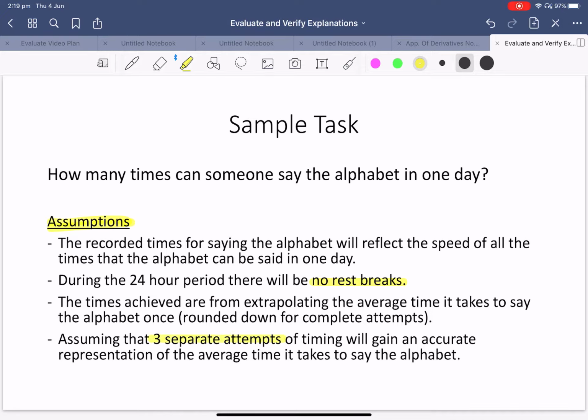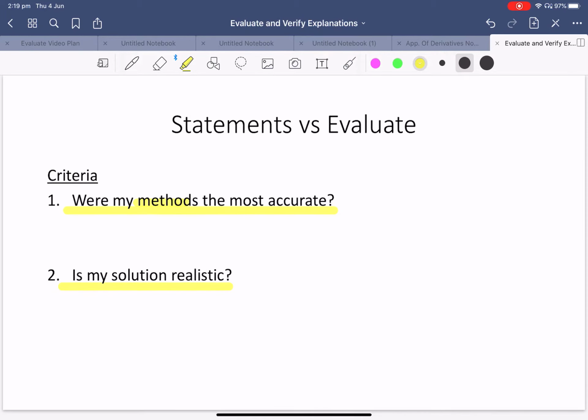Well, looking at it, if we go and average across 3 separate attempts, I would question that that's not necessarily accurate. So I've also now actually looked at the accuracy of my method and said that 3 attempts might not have been the best to determine an average from. So that criteria alone has allowed me to go straight back to my assumptions.